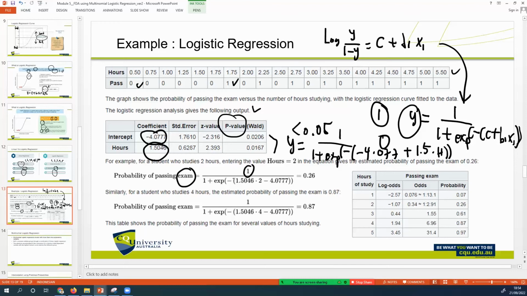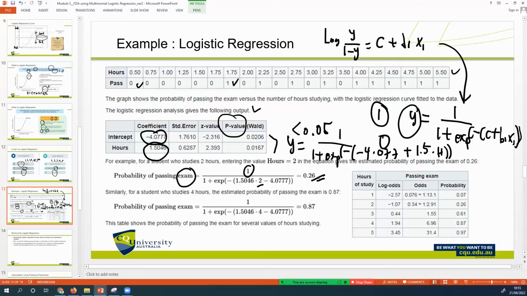So when we put hour is 2, the probability of passing the exam will be 1 divided by 1 plus exponential, 1.5 times 2 minus 4.07, which is 0.26.